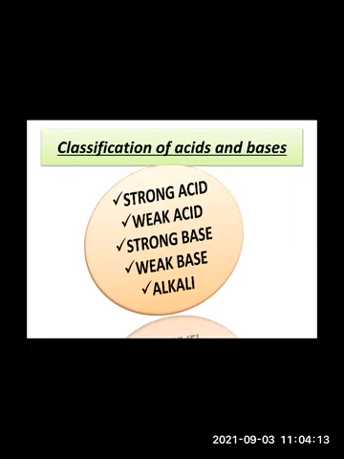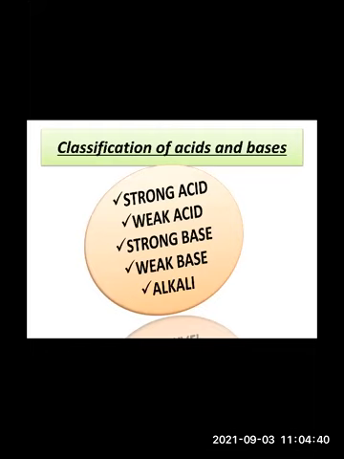Now, what is alkali? Alkalis are nothing but the bases which are highly soluble in water. For example, sodium hydroxide, potassium hydroxide, ammonia, all these are alkalis. We can also classify them as strong alkalis and weak alkalis. Sodium hydroxide and potassium hydroxide are strong alkalis, whereas ammonia is a weak alkali.